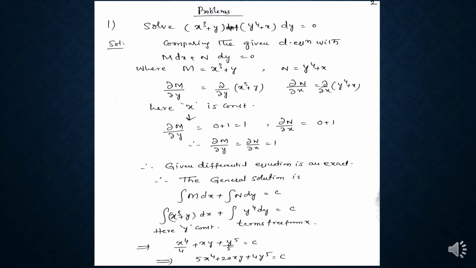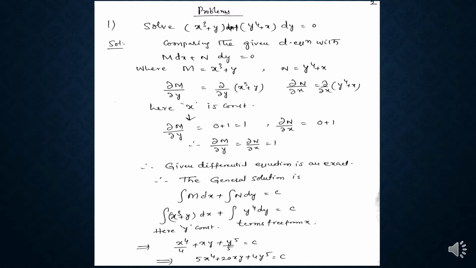Comparing the given differential equation with M dx plus N dy is equal to 0, here M is equal to x³ + y and N is equal to y⁴ + x.